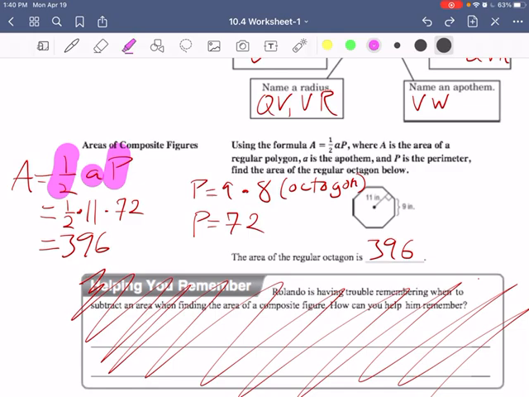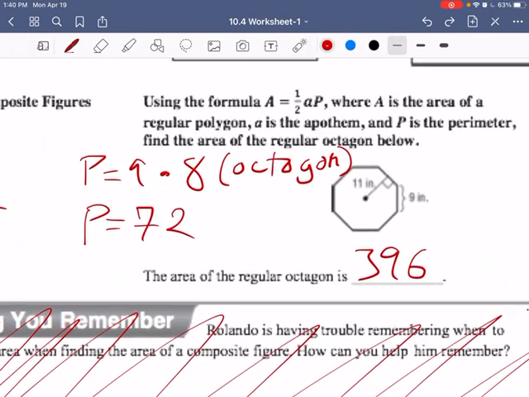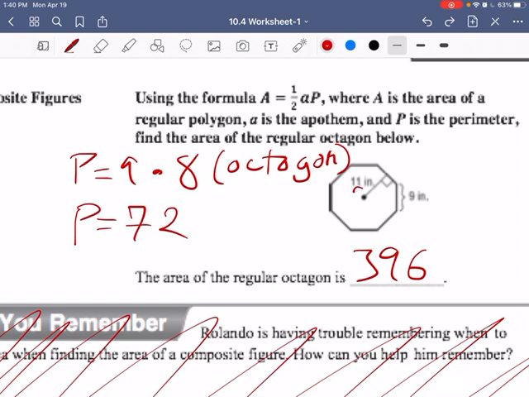So they give us a lot of details here. In this one, 11 is going to be our apothem, and we have to find the perimeter. This is an octagon, that side's 9, and we're doing only regular shapes. So it's a regular octagon, meaning that all of these sides are the same size.